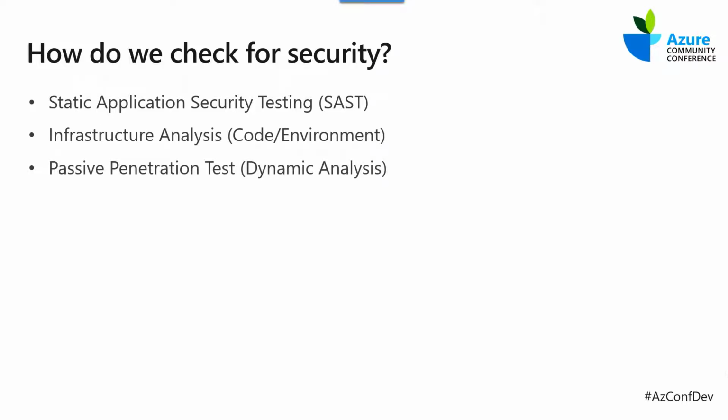Next is the passive penetration test, and this is dynamic analysis. Dynamic analysis means that I need to run the application in order to find the vulnerabilities. The passive penetration test targets the site without trying to manipulate the data in order to find and expose more vulnerabilities. This is why passive penetration tests run fast, and this is the best candidate for continuous integration, which runs in a few minutes.